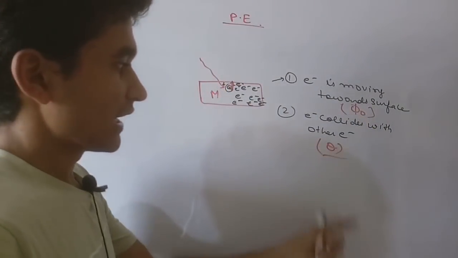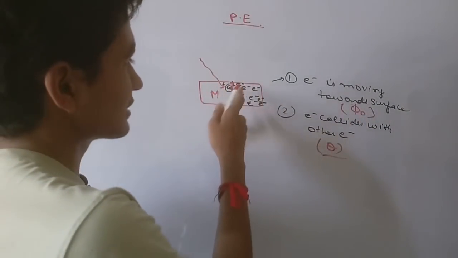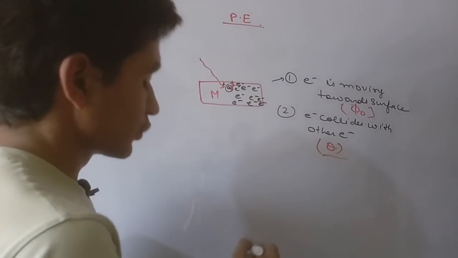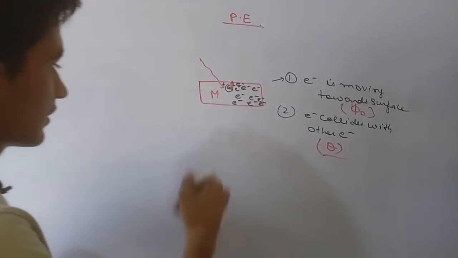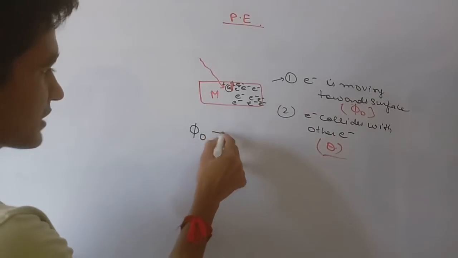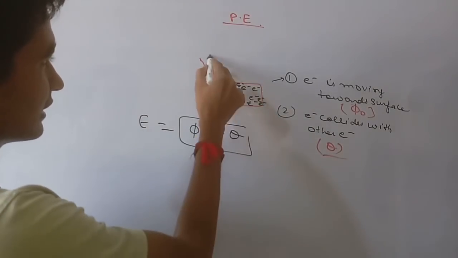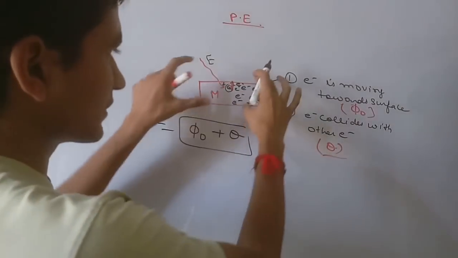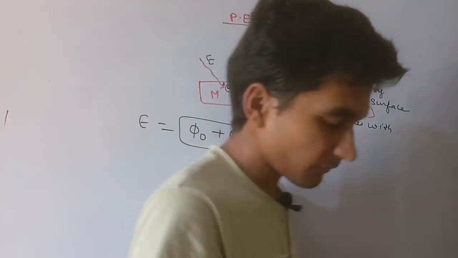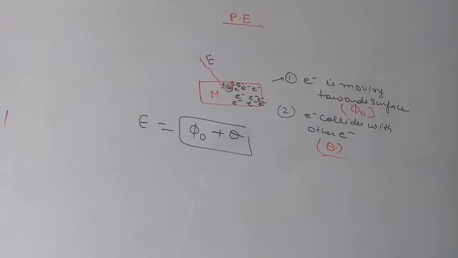This is the phi naught, and Q is utilized in the collision of the electrons. So you have to provide how much energy? Phi naught plus Q. You have to provide this much energy, then an electron can be excited from this particular metal. Clear?